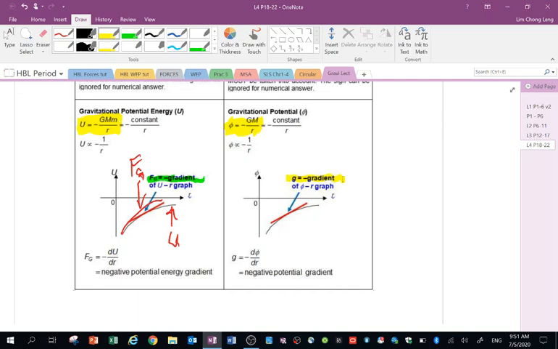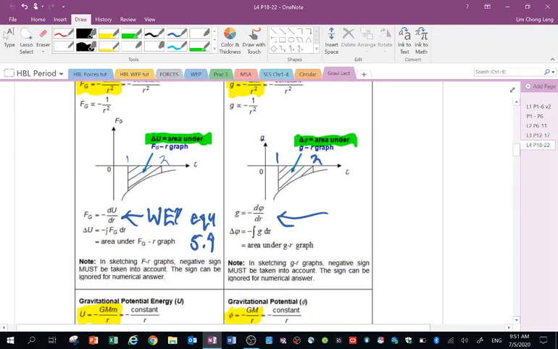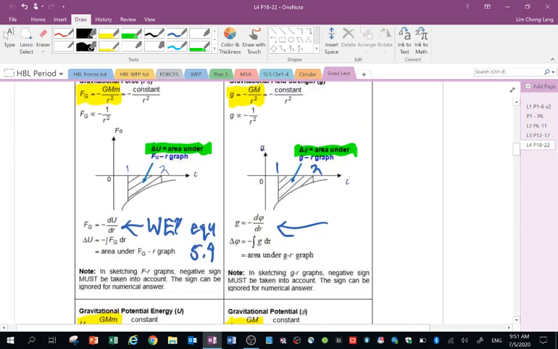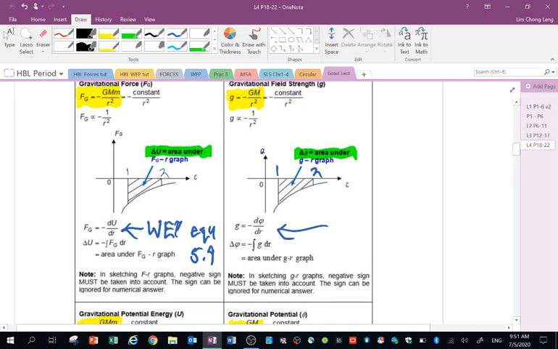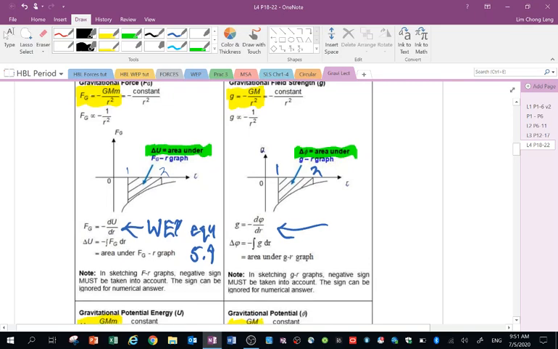Like for example, here the gradient represents G, and on the left, gradient represents the force. And then on top, we are interested in the area, all right? Area of the force versus R graph represents change in potential energy, whereas the one on the right, the area represents the change in the potential.